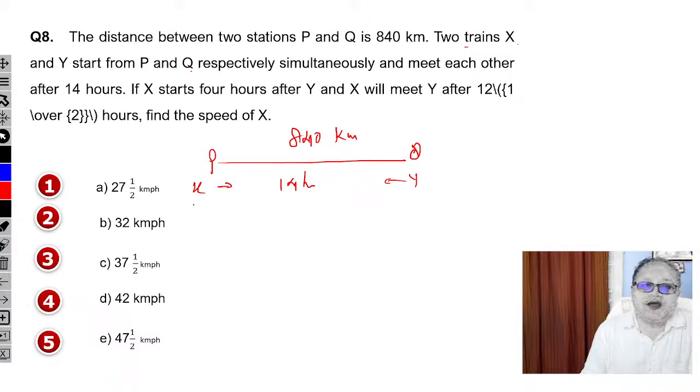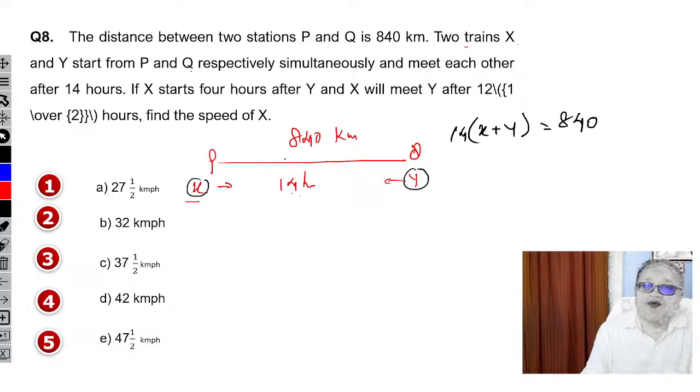That means X travels for 14 hours and Y travels for 14 hours. So what is the relative speed? I will assume the speed of X is x and the speed of Y is y. Then the relative speed will be x plus y, and the time is 14 hours. So 14 into relative speed (x plus y) is equal to the total distance, which is 840.